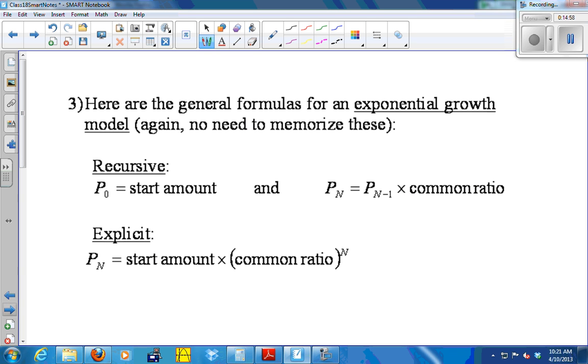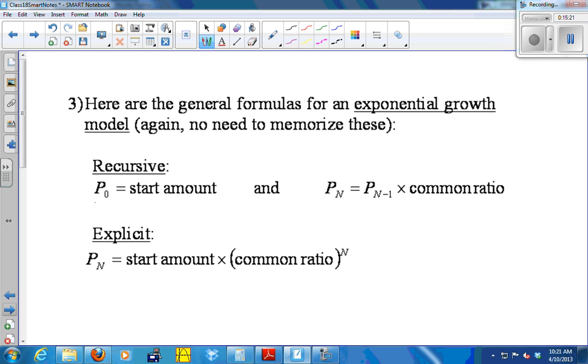So in general, if you're writing a recursive formula, you give the starting amount, and then the recursive rule is the population at any time n is the population at the previous time, n minus 1, times that common ratio. And for explicit, you do the start amount times the common ratio to the n.